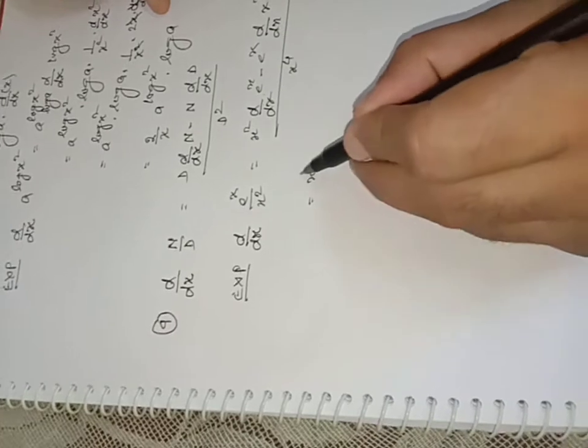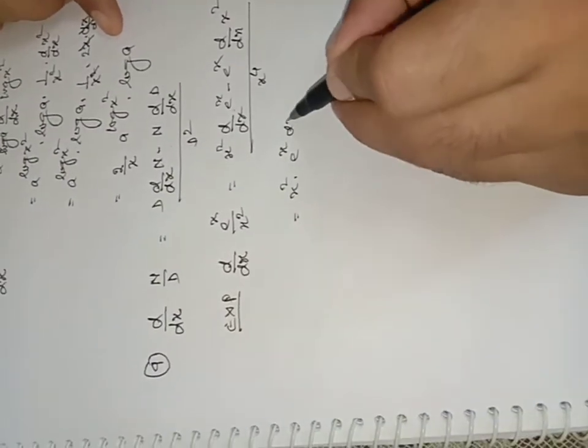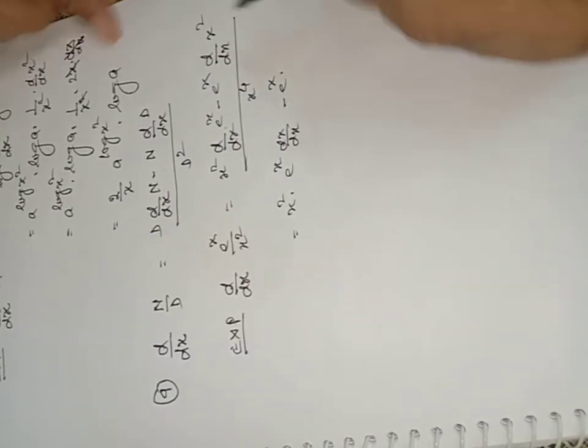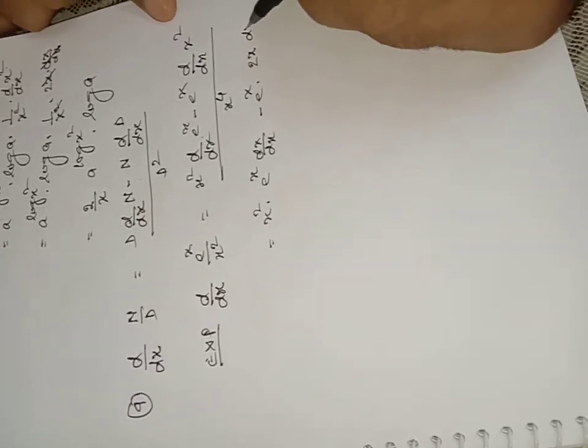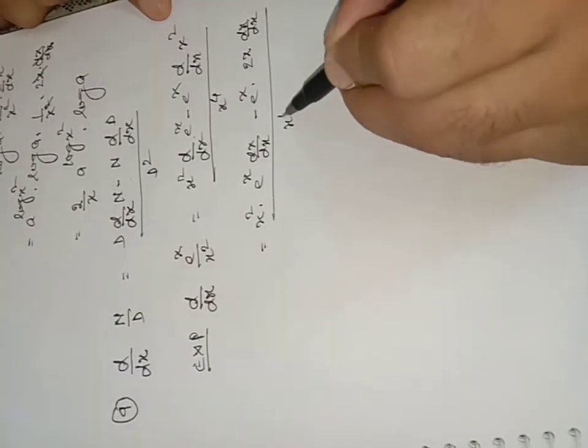That is x square. Differentiation of e power x will remain e power x, dx by dx, minus e power x, differentiation of x square becomes 2x by the x power n formula, into dx by dx, upon x power 4.